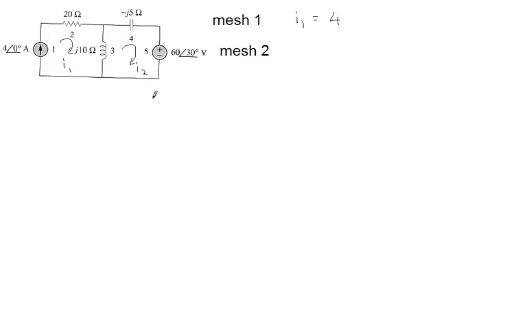In mesh 2, the voltage source is flowing opposite to the current I2.